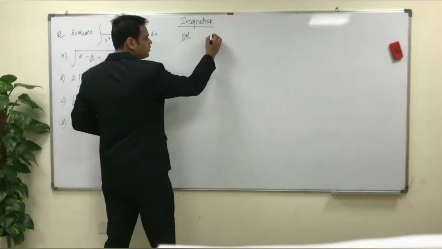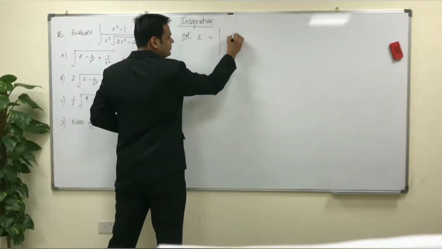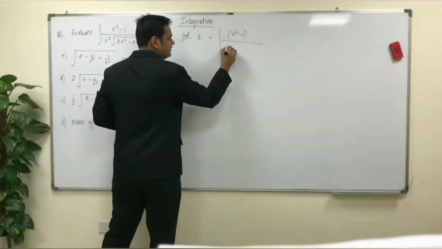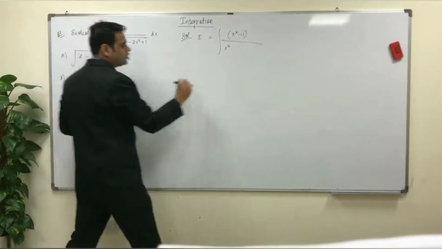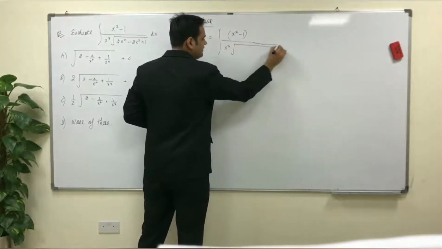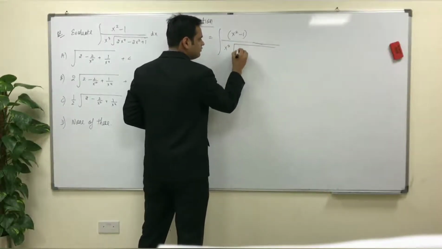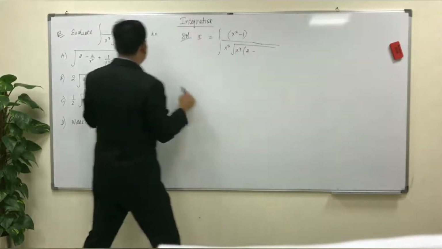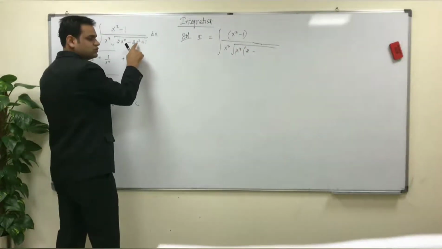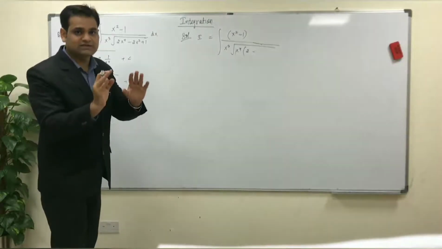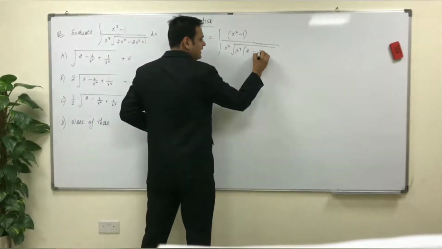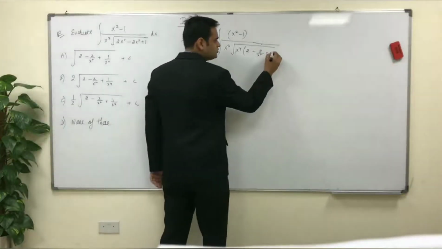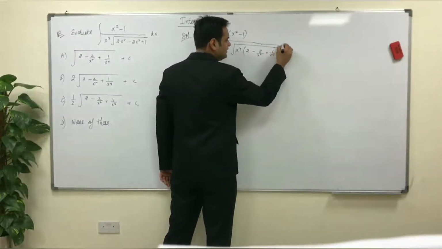I'll take x to the power 4 common, so the numerator is x square minus 1, this x cube as it is. I'm taking x to the power 4 common in the denominator, so it will be x to the power 4 common. What is that? 2 minus, as I told you, it will be division by x to the power 4, so x squared divided by x to the power 4 is nothing but 2 by x square, plus 1 divided by x to the power 4 and bracket close dx.